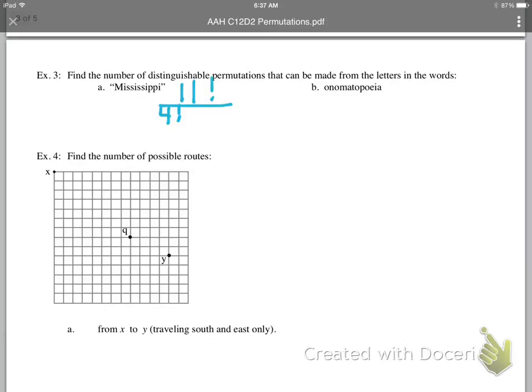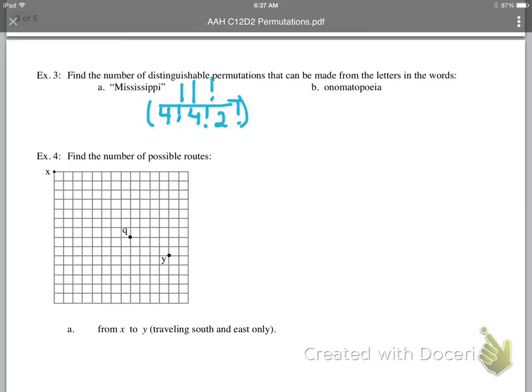And then I also have the 4 I's, so I have to divide by 4 factorial, and then 2 factorial. I'm more concerned with the setup rather than the answer. If you are going to put this in your calculator, make sure the denominator is in parentheses. Otherwise, you're going to get the wrong answer.